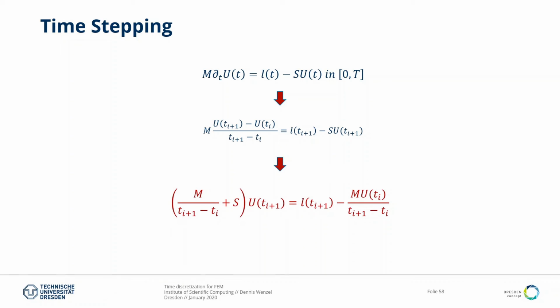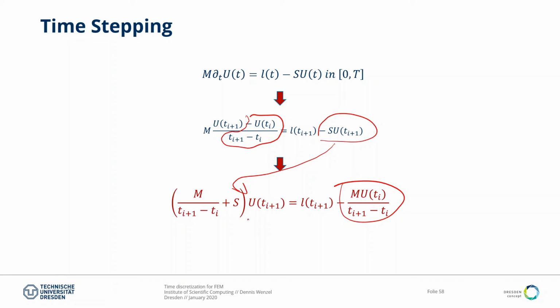Let's take a look at this for a second. So you take this stuff on the right hand side. So M times u of t_i over t_{i+1} minus t_i, that's this one. And you take the S u of t_{i+1} up here. And that separates all the things that you know from the things that you don't know.